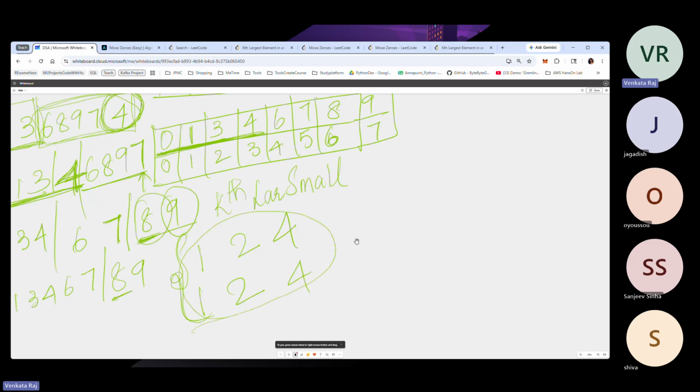In LeetCode, there are multiple questions: first, second, first smaller, second largest. All those questions you can solve with this one particular approach. So tomorrow we can start again with the algorithm and how to find the pivot and place the array in the partition, and we will see the solution, guys.